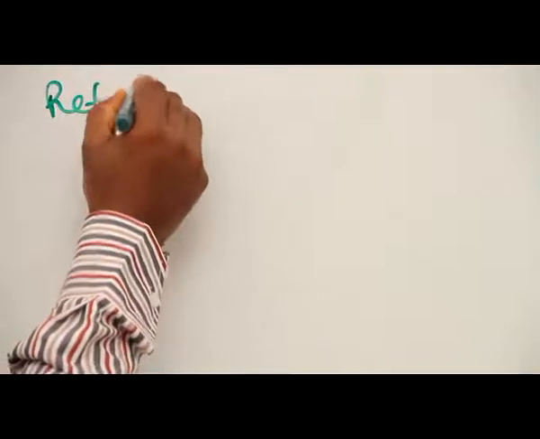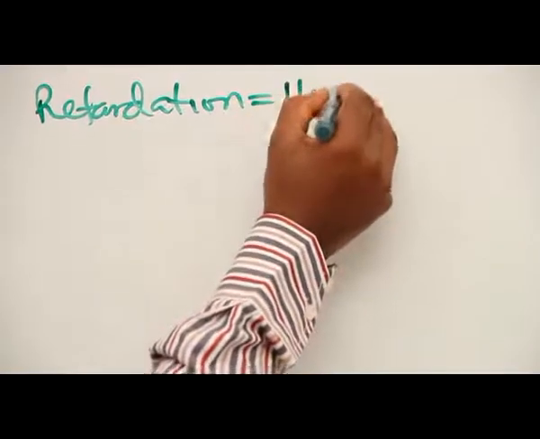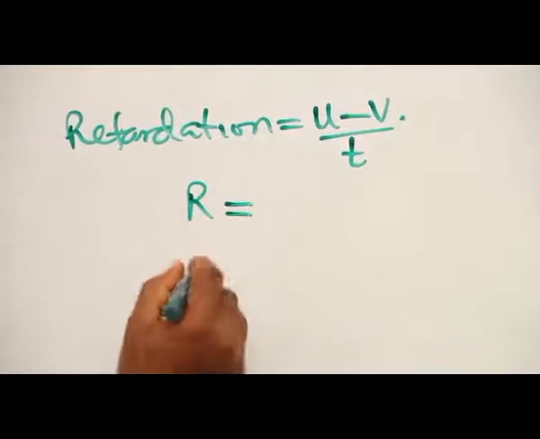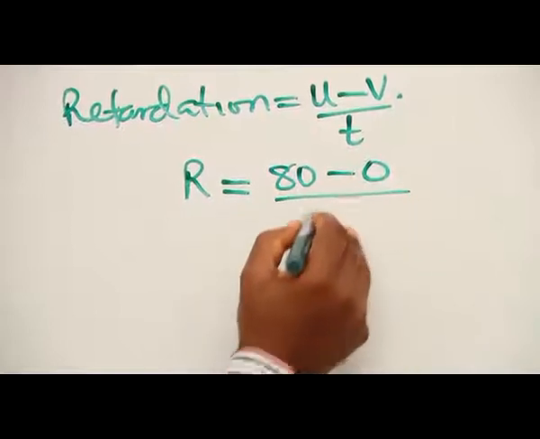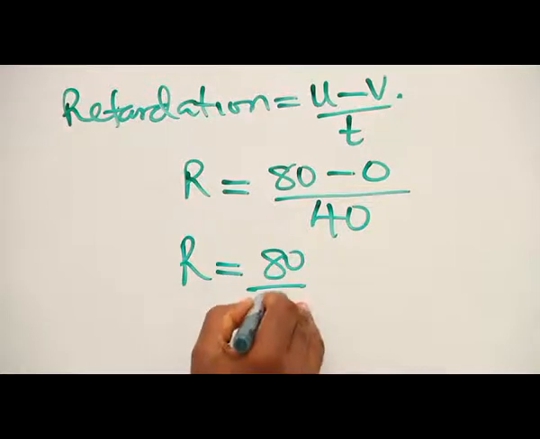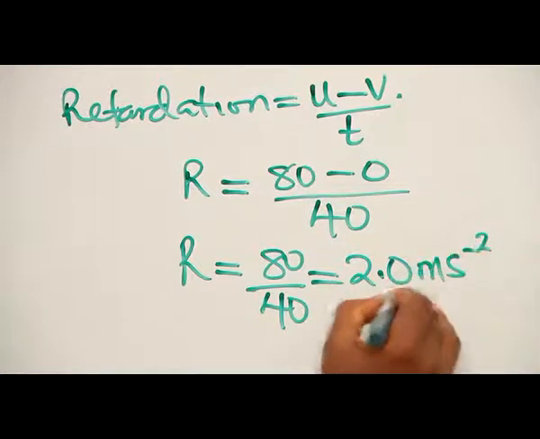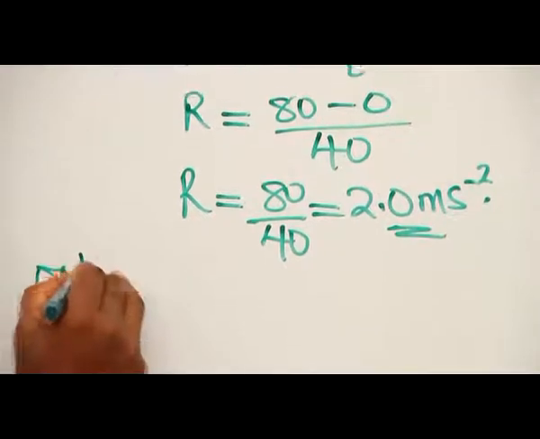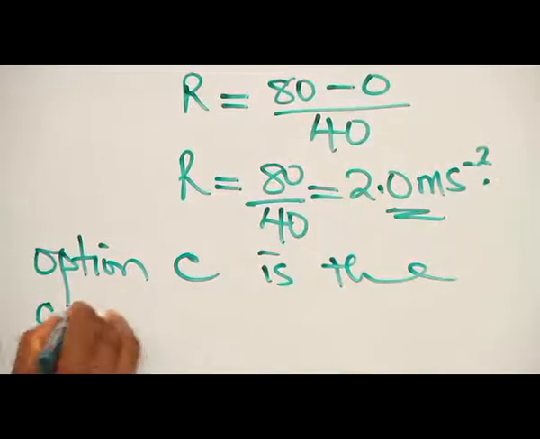Retardation will give us initial velocity minus final velocity over time taken. That value will give us 80 minus 0, time taken 40. Retardation will give us 80 over 40, which is 2.0 meters per second squared. Option C is the correct answer.